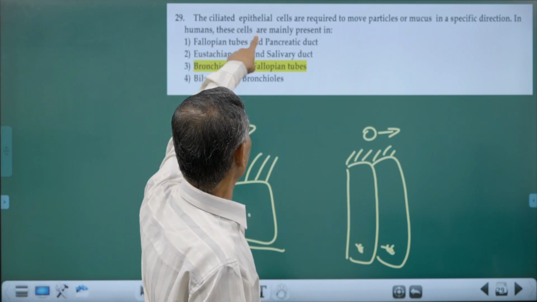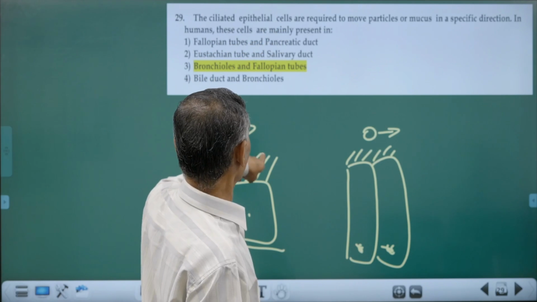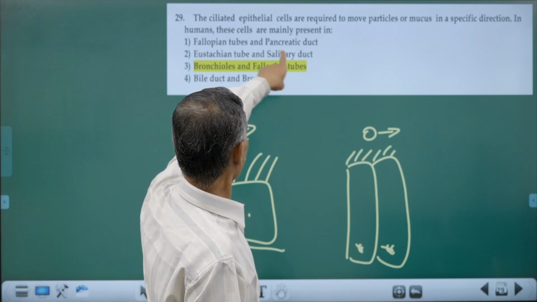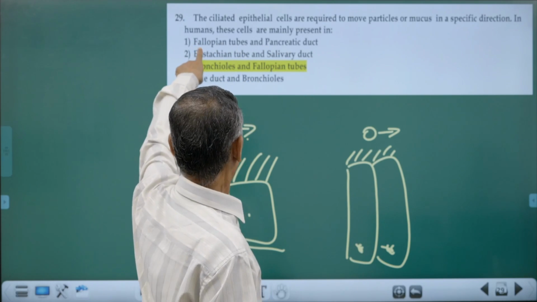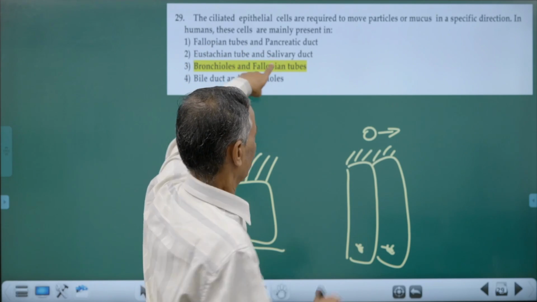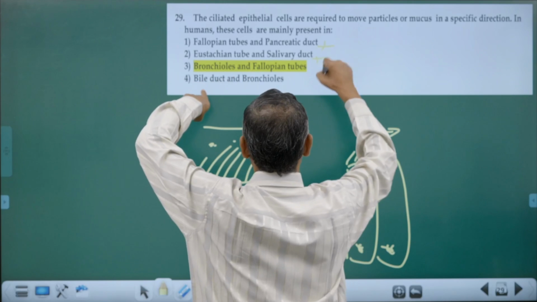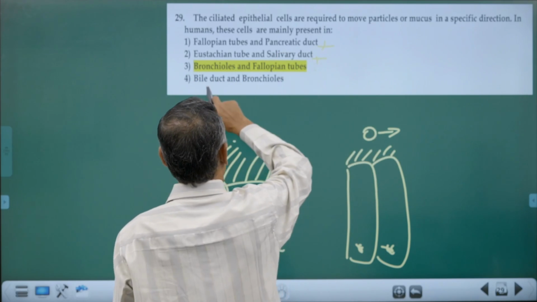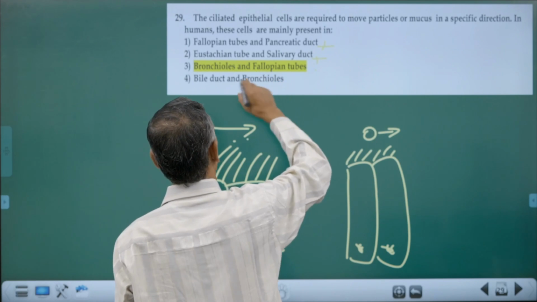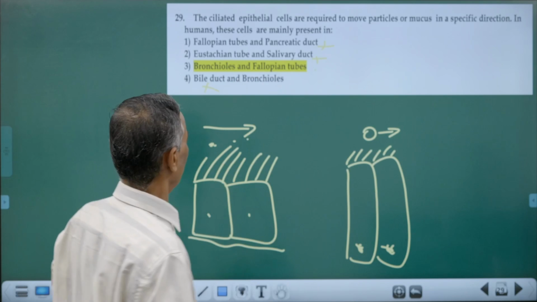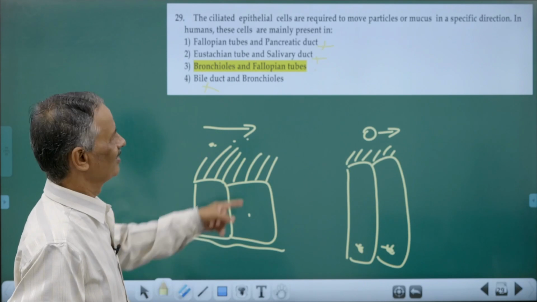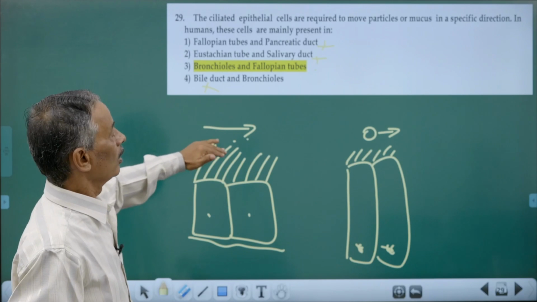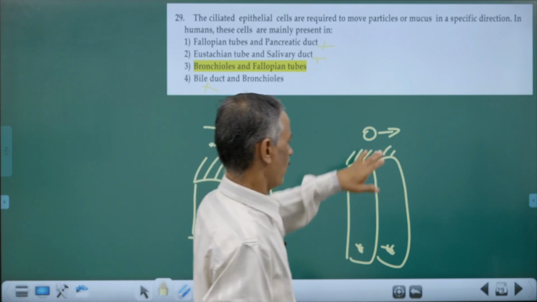So, ciliated epithelium are required to move the particles like mucus or ovum. And these cells are mainly present in fallopian tubes, not in pancreatic duct, not in salivary duct. Bronchioles correct, fallopian tubes correct. Bile duct and bronchioles, not in bile duct. So they are responsible for the transportation or movement of mucus and ovum.